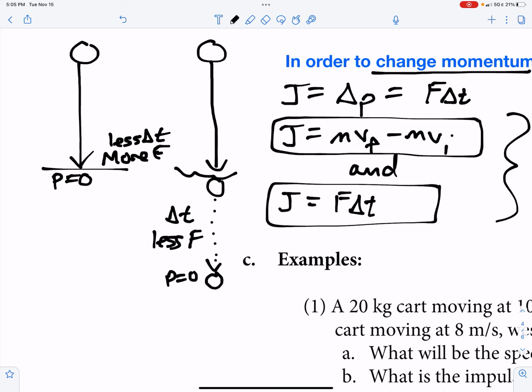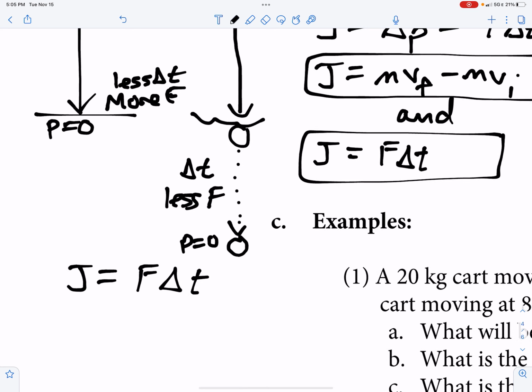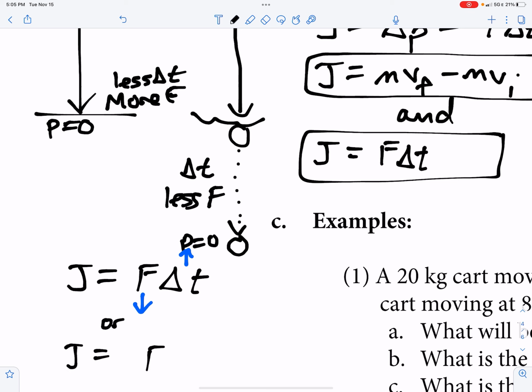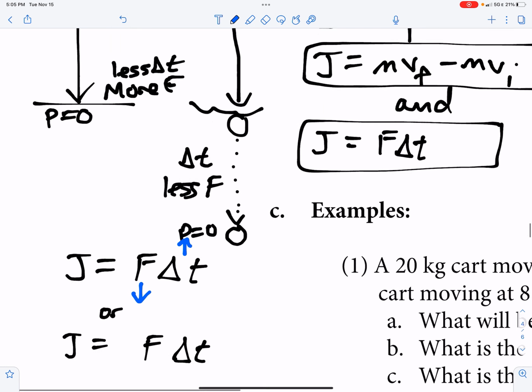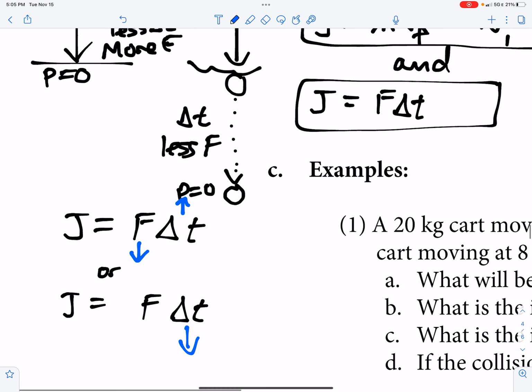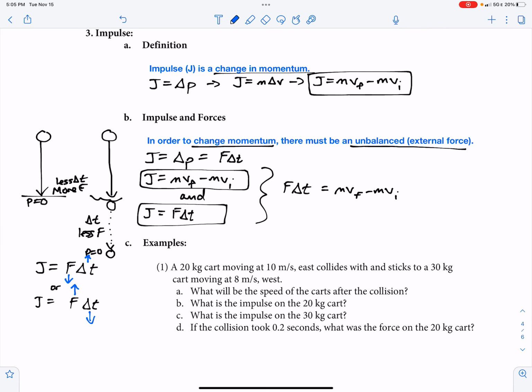Okay, so the equation J equals F delta t, think of it like this. If the time during the impact is greater, we'll experience less force. Consequently, if we have less time during an impact, then we're going to experience more force. So there's a trade-off between force and time conceptually.